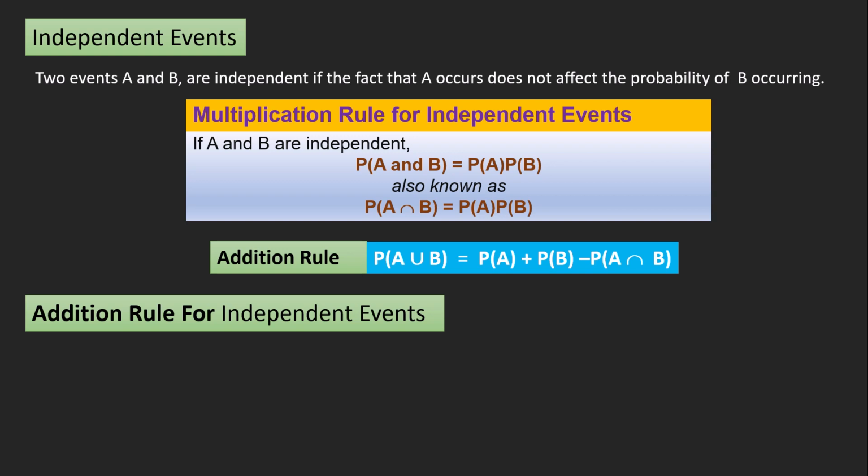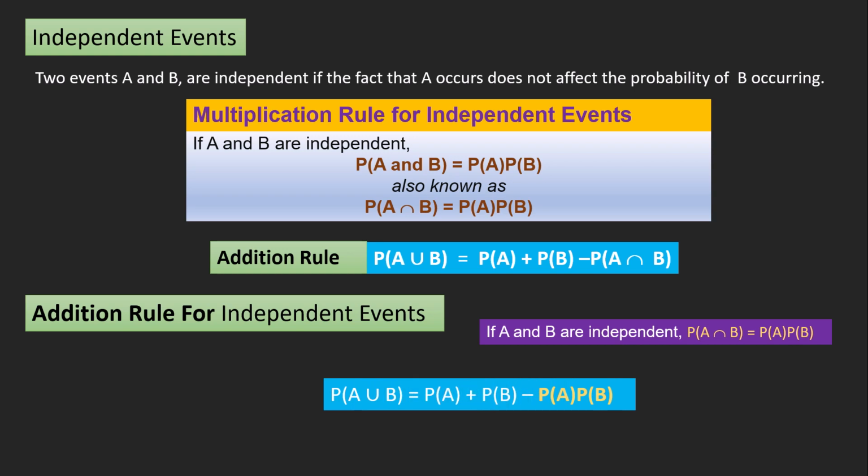Therefore, we can write probability of A intersection B equals probability of A times probability of B. So the modification of the addition rule is probability of A union B equals probability of A plus probability of B minus probability of A times probability of B.